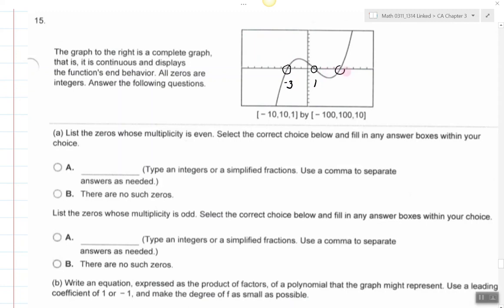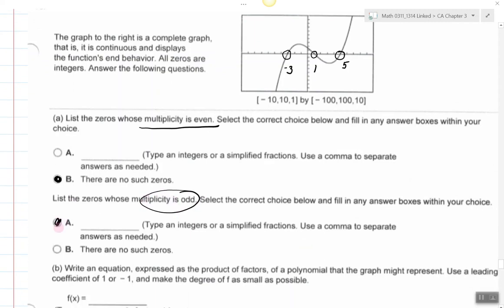Here is a 0, and that occurs at 5. All of them are passing through. So there are no zeros with even multiplicities because those would touch and bounce away. Multiplicities that are odd: negative 3 has an odd, 1 has an odd, and 5 has an odd.